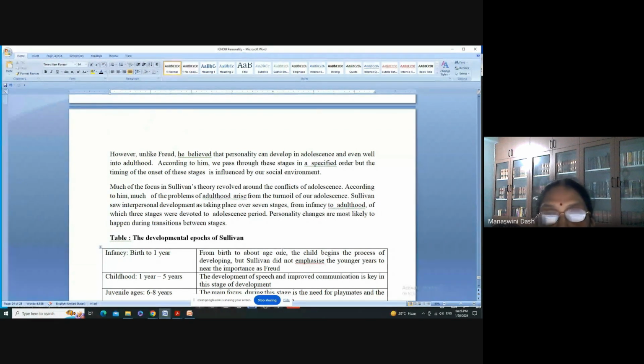According to him, these stages are passed in a specific order, but the timing of the onset of these stages is influenced by our social environment. Much of the focus in Sullivan's theory revolved around the conflicts of adolescence. According to him, much of the problem of adulthood arises from the turmoil of our adolescence.